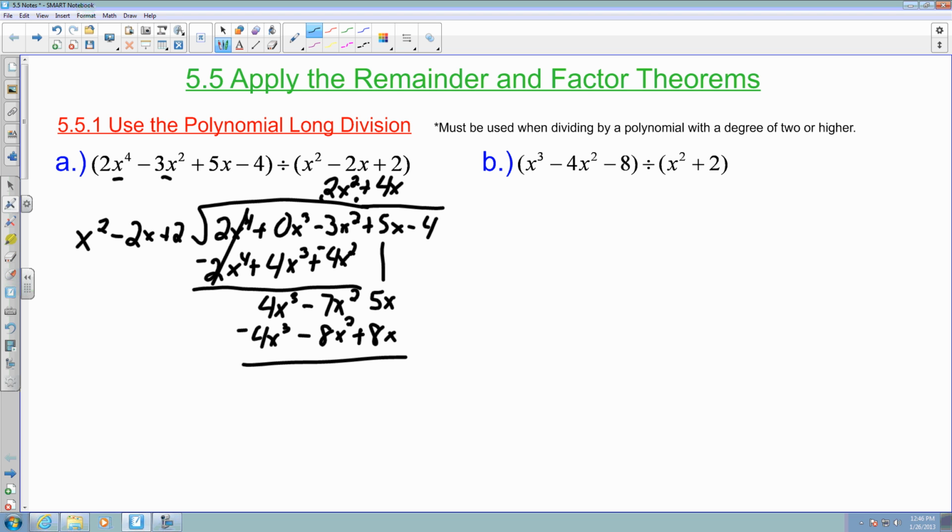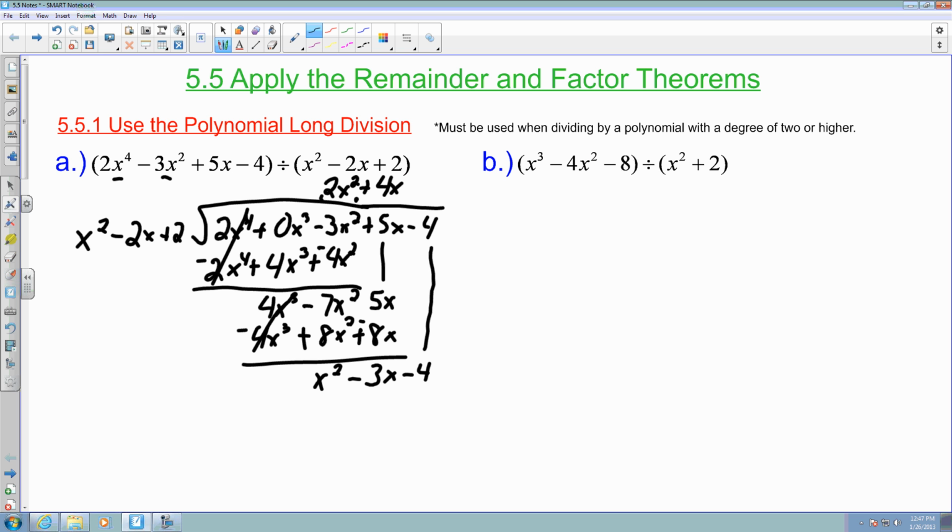This becomes negative, this becomes positive, and this becomes negative. So this cancels to become 0. Here I have negative 7x squared plus 8x squared, so that just becomes x squared. And then I have a minus 3x. Last one, I drop this down, minus 4.